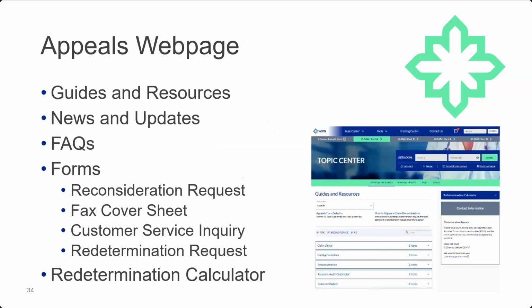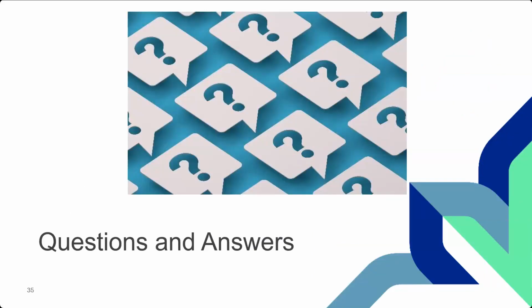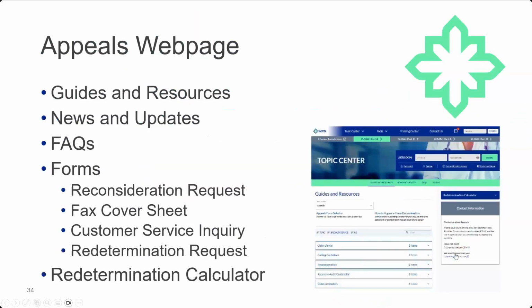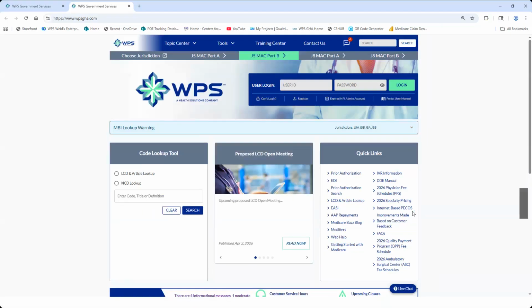The Appeals Topic Center of the WPS website has a lot of items that might be of interest to you that can enhance your knowledge. So we want to go there real quick, and I know we're running short on time here. But I want to show you, and I have a link just to try to get out there so I can show you a couple of these things.